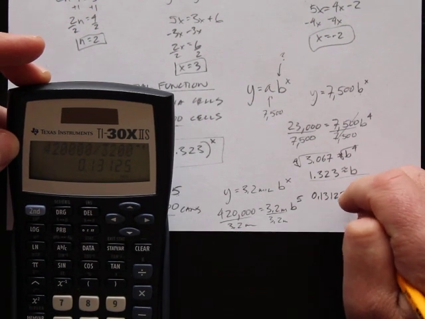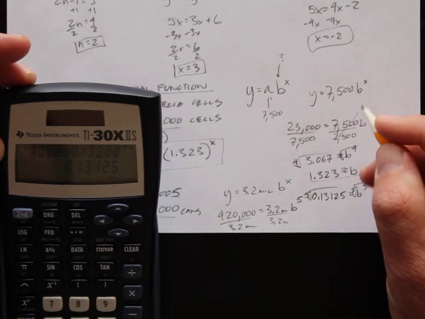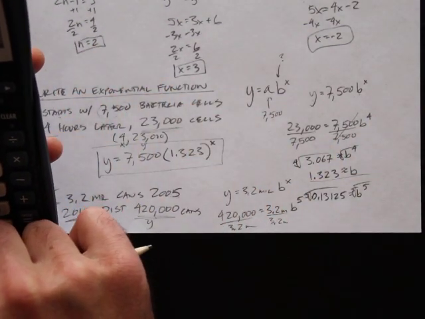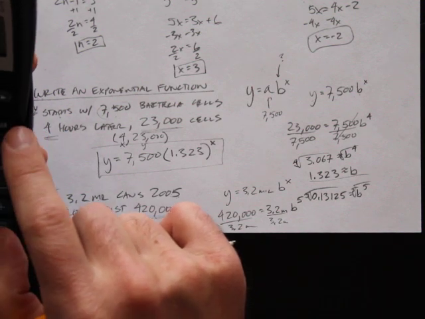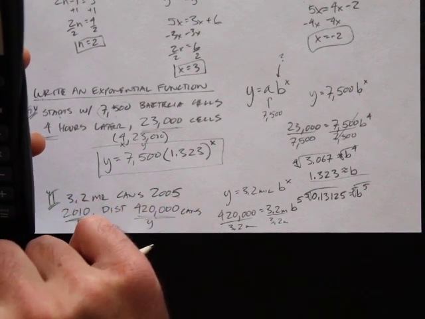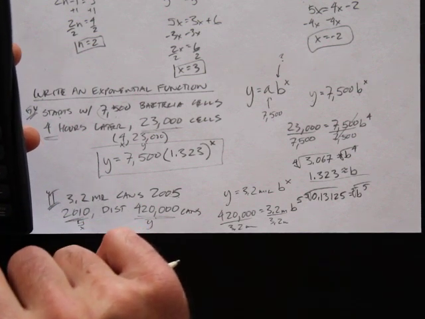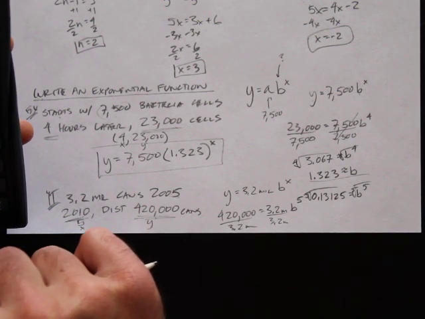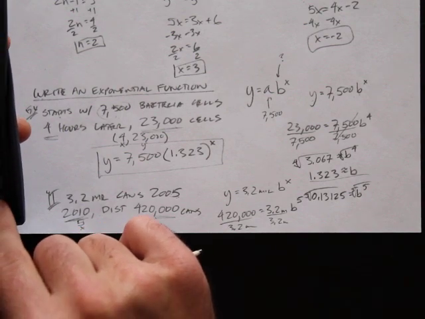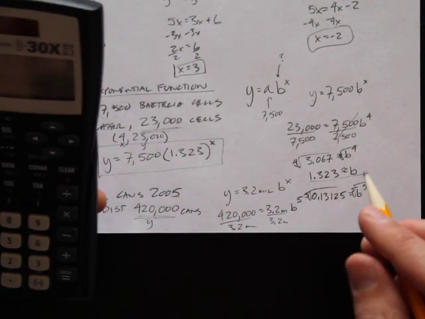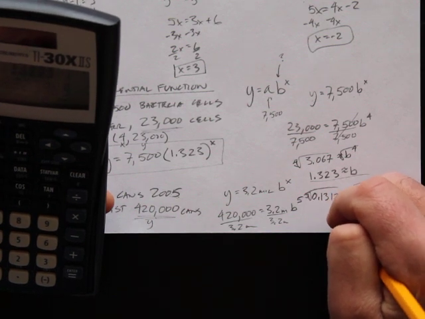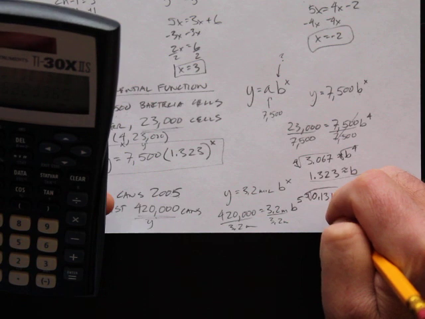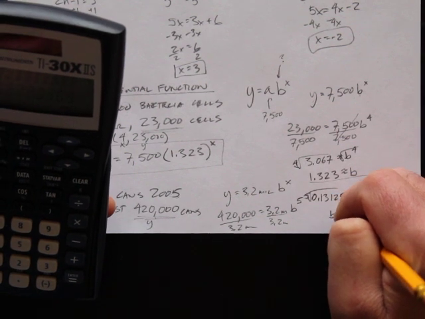So now I take the 5th root of both sides. The 5th root of 0.13125 equals, so that means b is approximately 0.67.